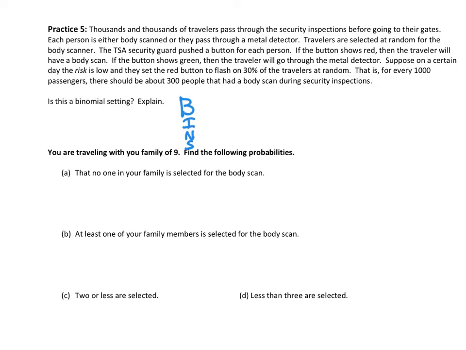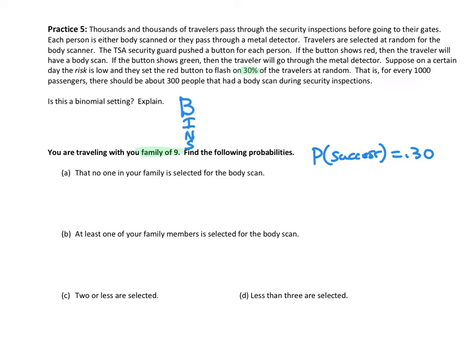So in this TSA problem, it says that the TSA guy hits the button, and 30% of the time, the travelers have to get a body scan. So for a family of 9, the probability of success is 0.30.